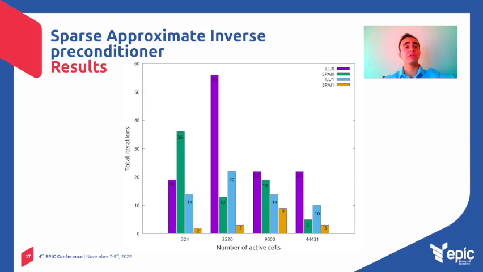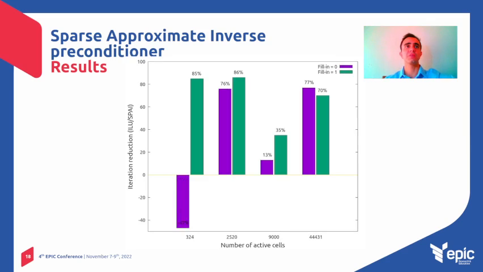So here we are comparing the total iterations for reaching the solutions. Again, we can see that for all cases, SPAI0 and SPAI1 were able to achieve better performance with fewer iterations for the linear solver, and again more dramatic differences for SPAI1.